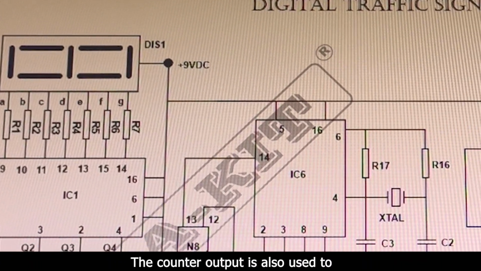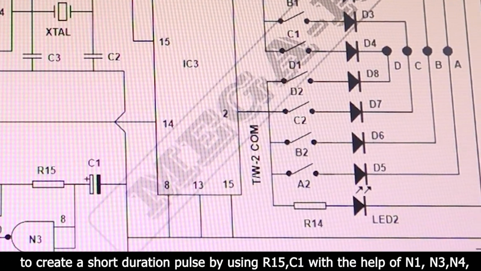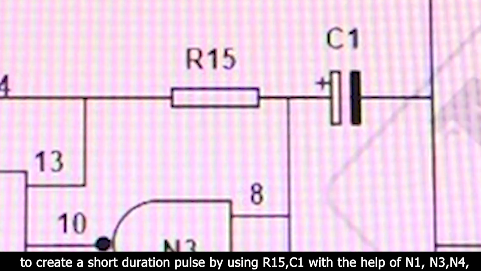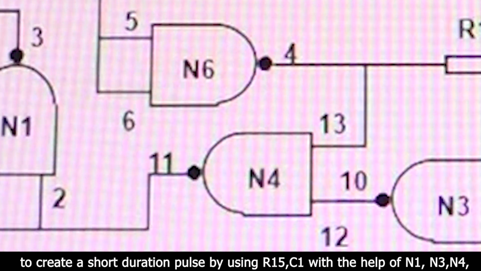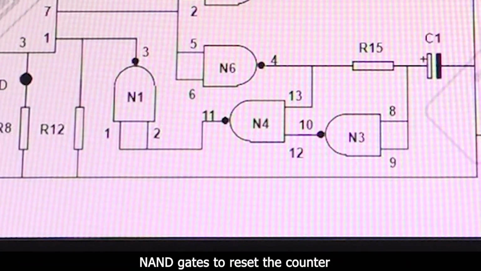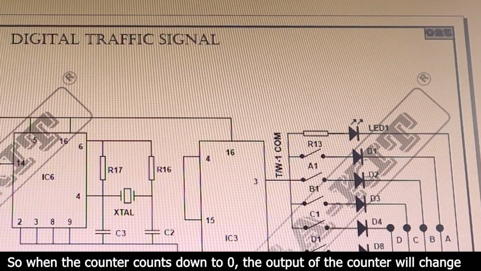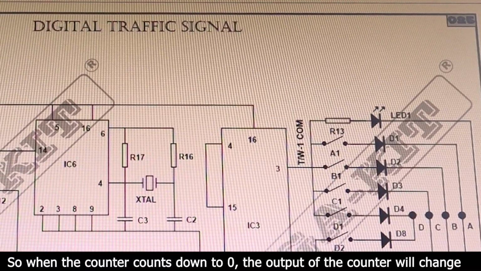The counter output is also used to create a short duration pulse by using R15 C1 with the help of N1, N3, N4 NAND gates to reset the counter. So when the counter counts down to 0, the output of the counter will change.